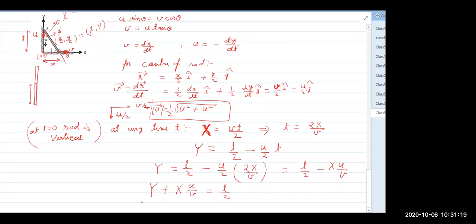Okay, so this is the equation of the path of the points, because this is the relation between x and y for this point. So this way we'll write the equation.